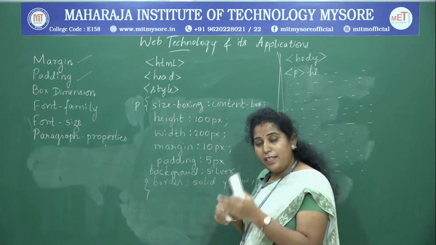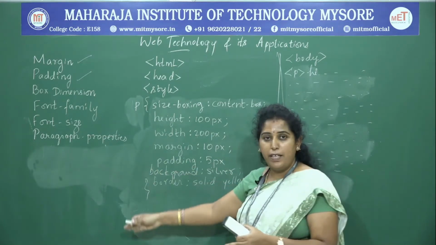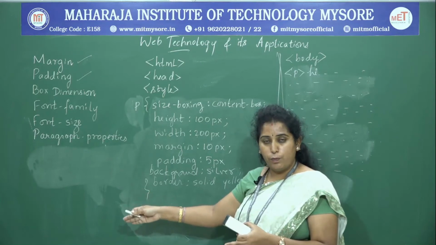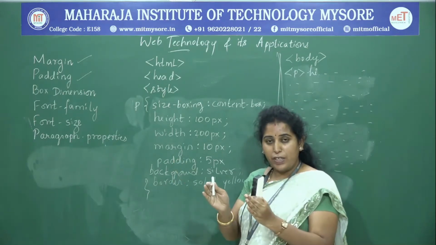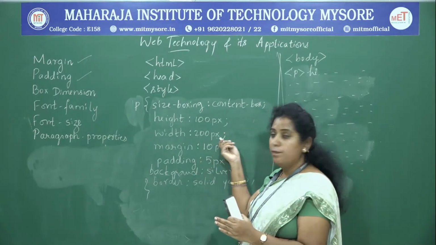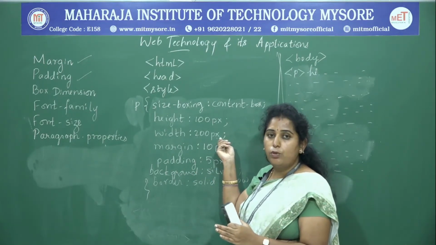The data exceeding 100 pixel remains like that, it overflows. Got it? And you can also notice the width of the content box has been modified to 200 pixel.